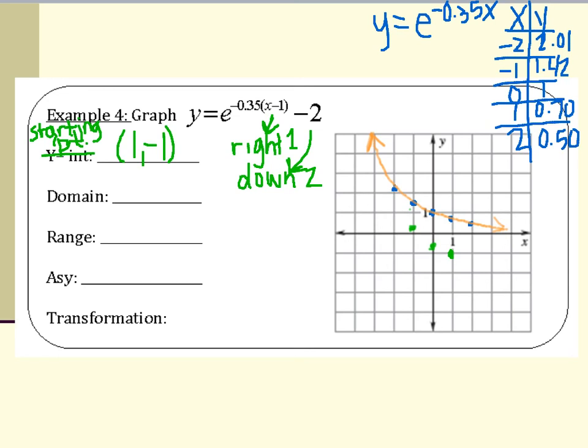Let's move these other 2 points. If I go over 1 and down 2, that puts me right about here. And then if I move my last point, right 1 and down 2, that puts me right about there. So let me draw my curve in.